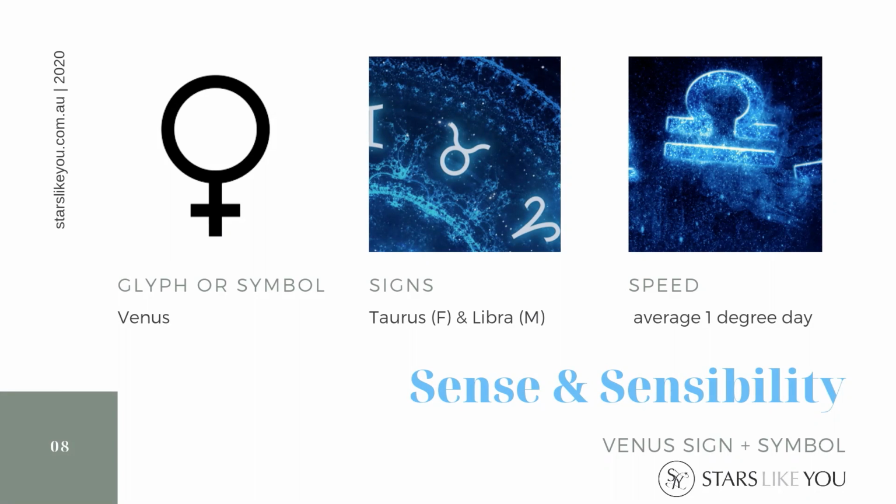Her average speed, or the rate with which Venus moves through the zodiac, is approximately 1 degree of the zodiac per day, meaning that in an entire year, Venus will move through the entire zodiac, spending around 1 day at each degree of the zodiac. And Venus governs sense and sensibility, so our physical side, our physical senses, and then also how we feel about our relationship with other people.